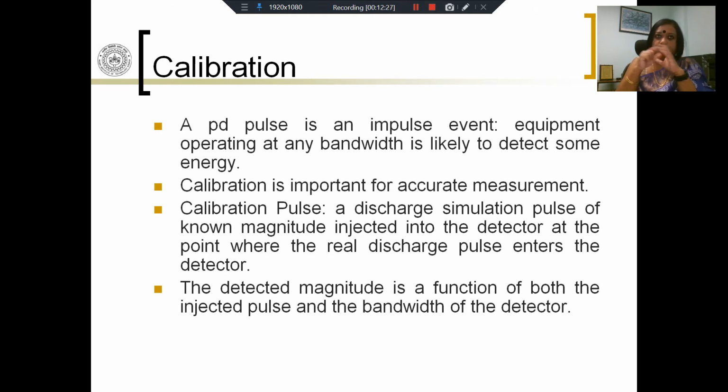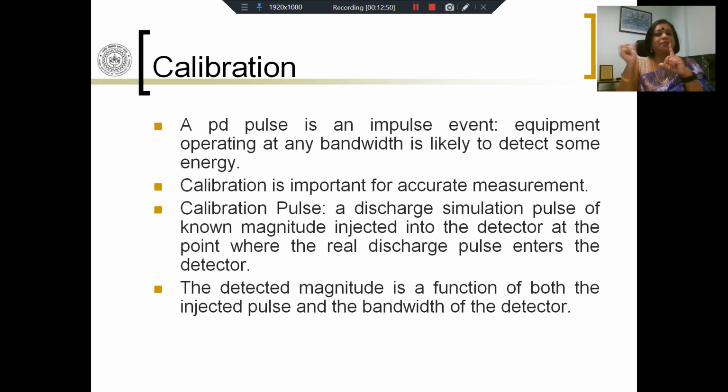Then we inject the known pulse and set the measuring equipment to read that known value. If you are expecting a PD magnitude in the range of 5 pC, you will inject a pulse of 5 pC across the terminals of the PD detector, and you will measure it in the equipment.